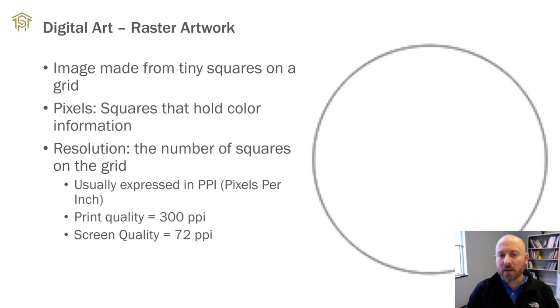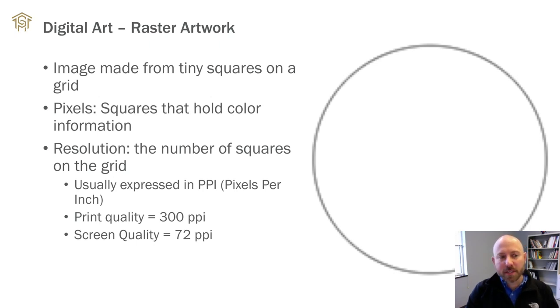Really, all a pixel is, is a square that holds color information. It can be one of 16.7 million different colors. Actually, it can be more than that, but that's usually the number of colors a pixel can be. Quite a few, it sounds like, right?